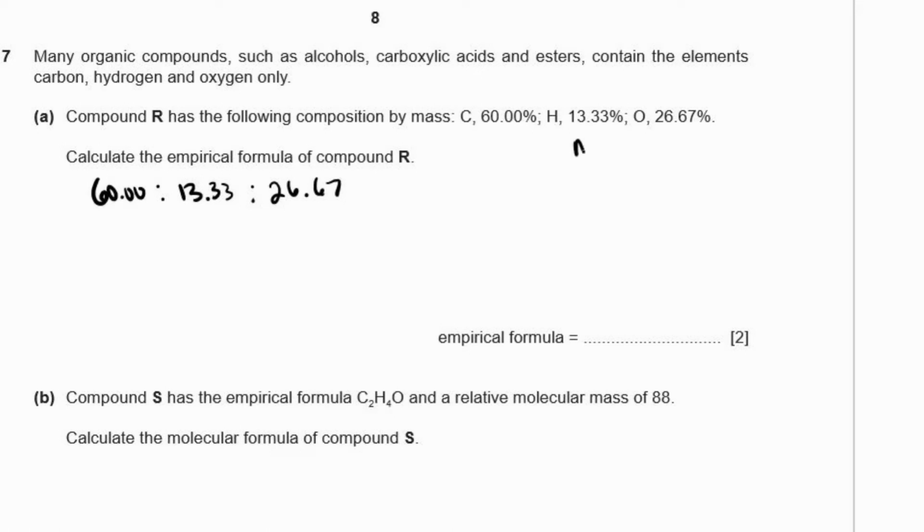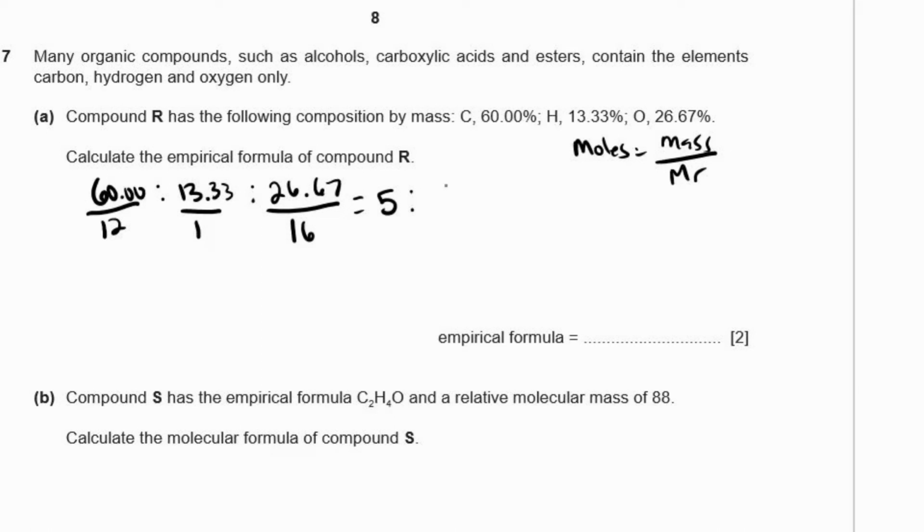So moles equals mass over relative molecular mass. So this is the mass. We need to divide each one of these by the relative molecular mass. So the relative molecular mass of carbon is 12, hydrogen is 1, and oxygen is 16. So that gives you a new ratio of 60 divided by 12, that is 5.